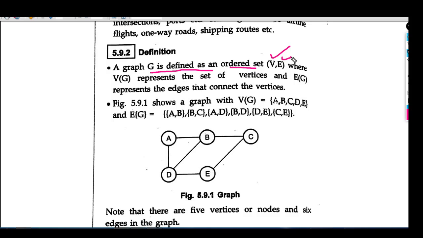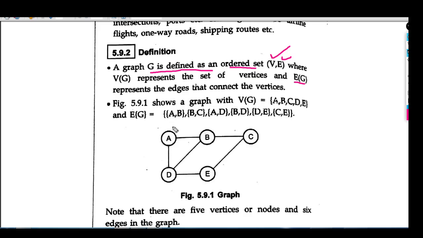A graph G is defined as an ordered set (V, E), where V of G represents a set of vertices and E of G represents the edges that connect the vertices. Now the first question that comes to your mind is what we mean by vertices and what we mean by edges.